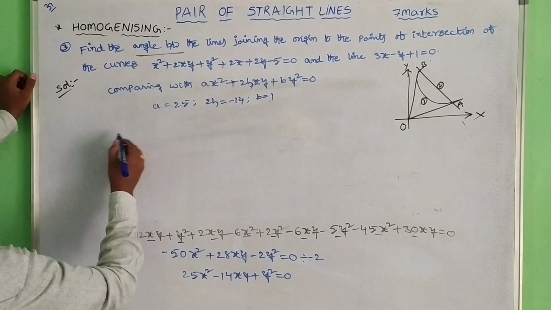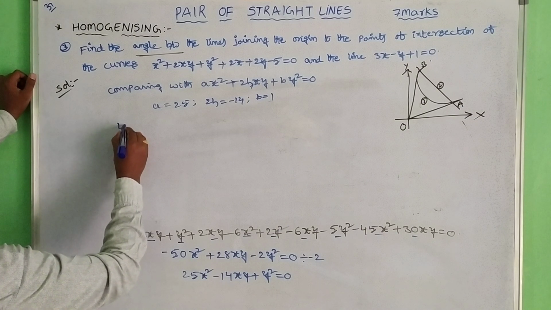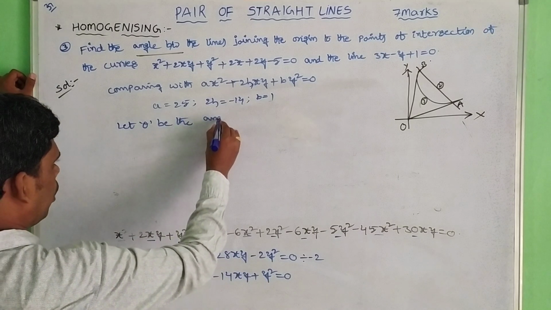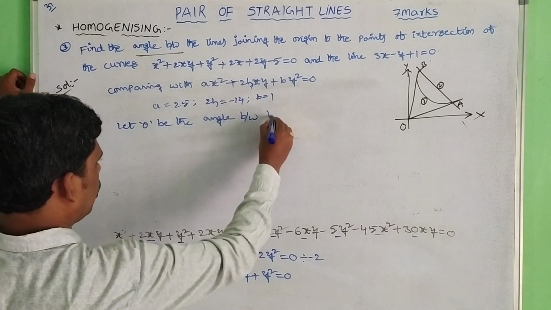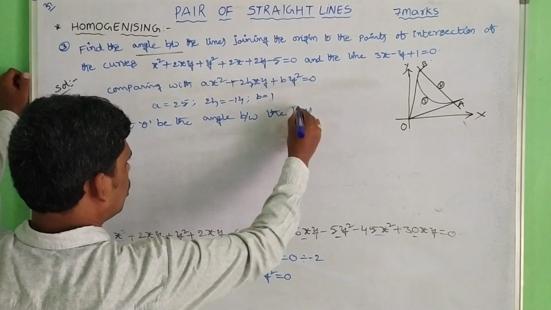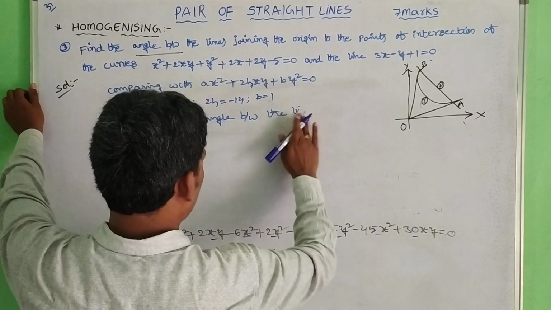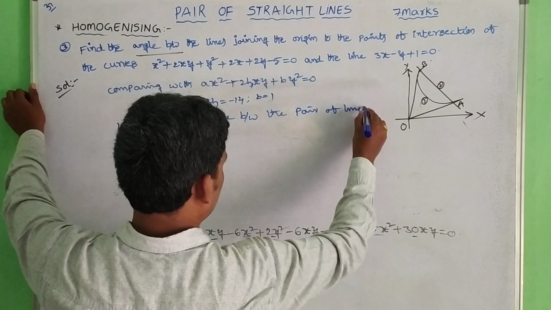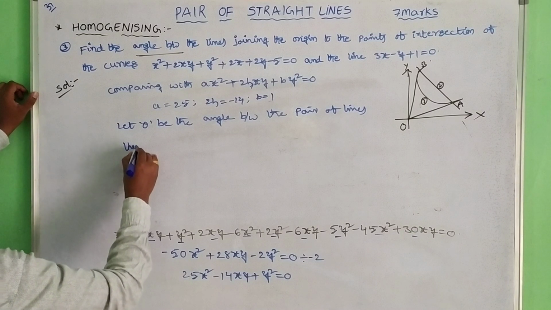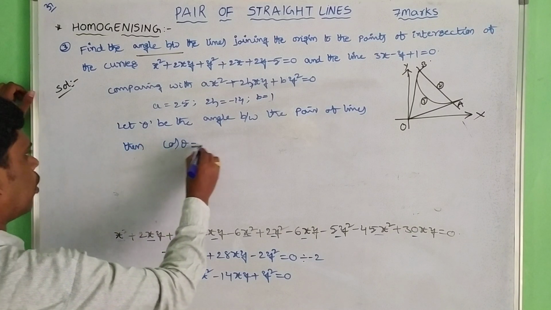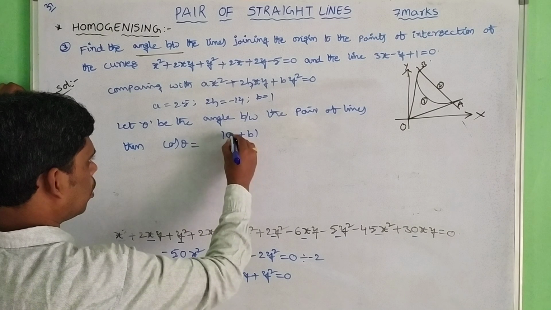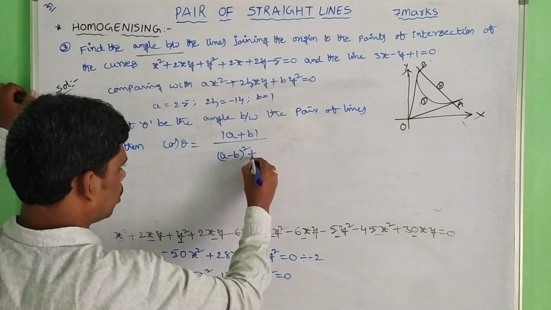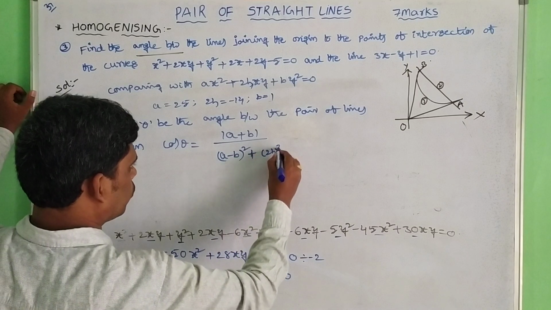Let theta be the angle between the pair of lines. Then the formula is cos theta equals modulus of a plus b by root over (a minus b) whole square plus (2h) whole square.